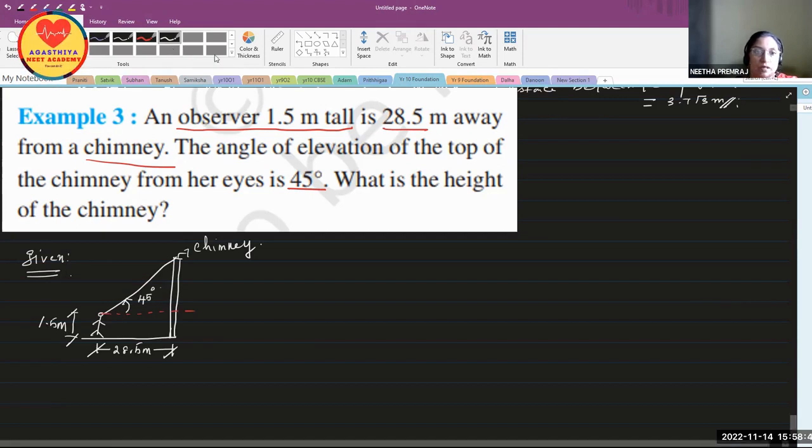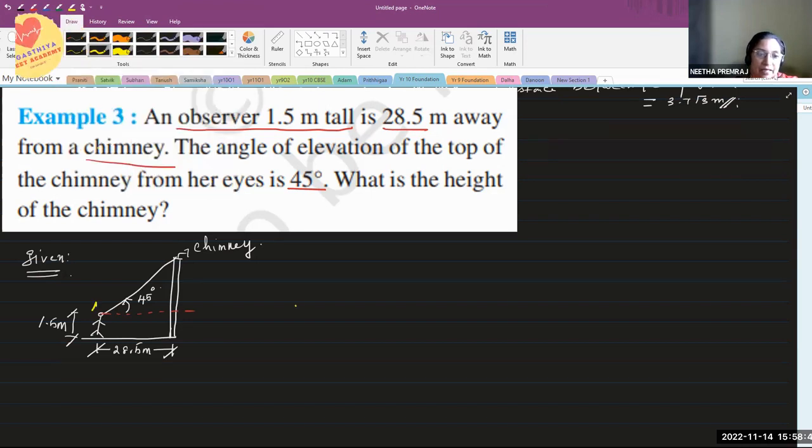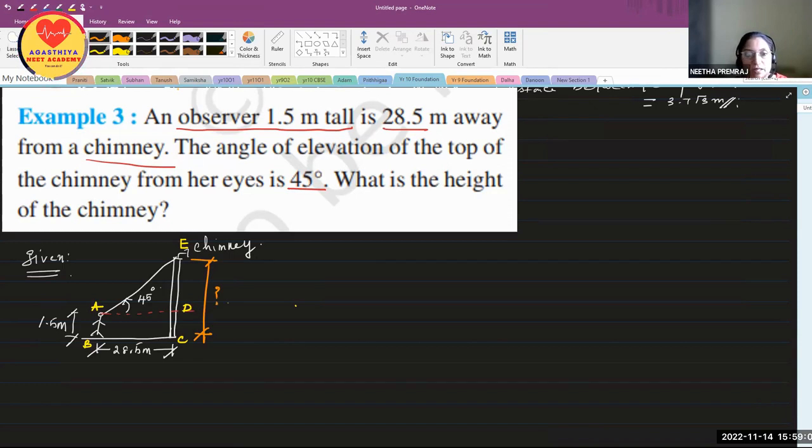Okay, I name all the vertices. I name these as A, B, C, D, E. See, the trigonometric ratios are applicable only to a right angle triangle. The question is, what is the height of the chimney? Solution.